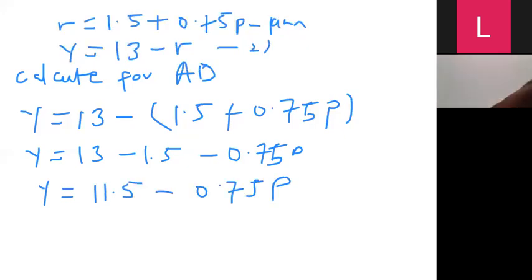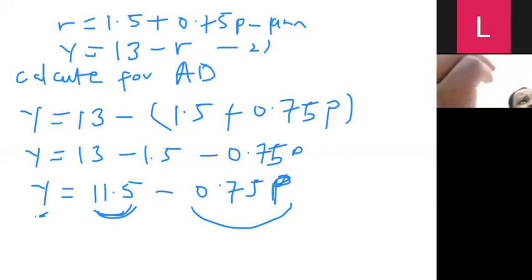Clearly you can see that this is the constant term, the first component of the aggregate demand, and this is the second component. We assume the constant part stays fixed and look at what happens to Y when there's a change in P. So this examines the relationship between price and output, and this is the same as the aggregate demand equation.